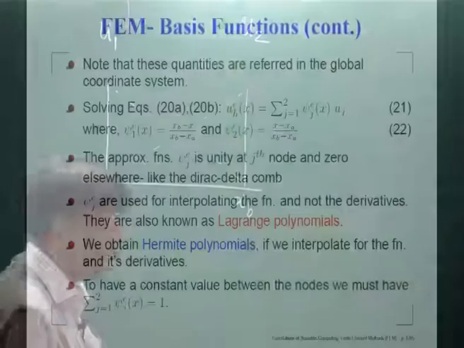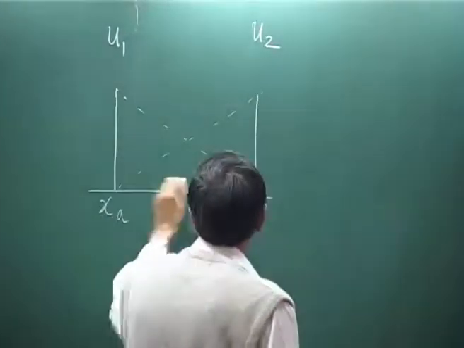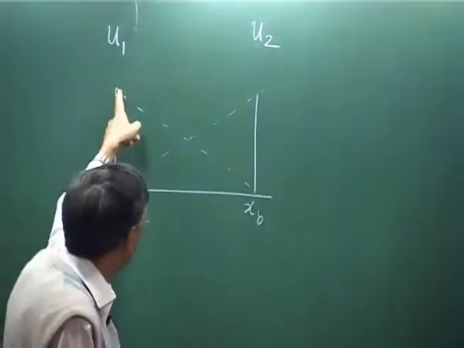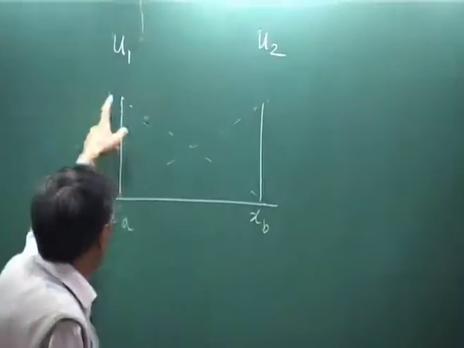So we are writing the function in terms of the two values at the nodes, U1 and U2. The linear functional gives two possible linear variations, one drawn like this and the other like this. It is basically a linear combination of these two sets of functions, one that decays from 1 to 0.